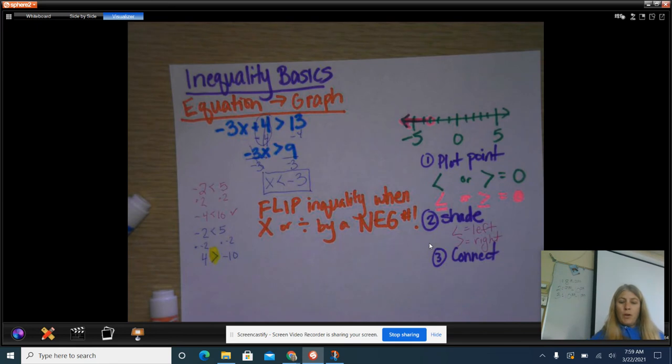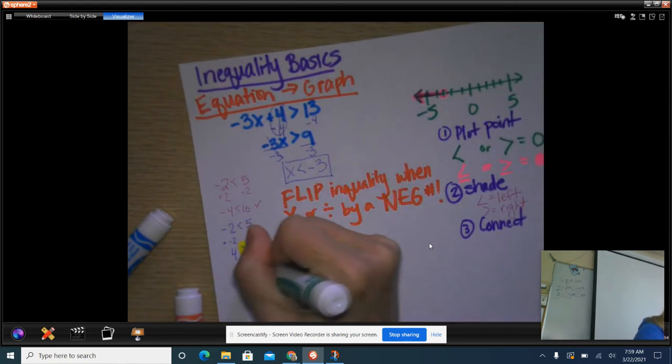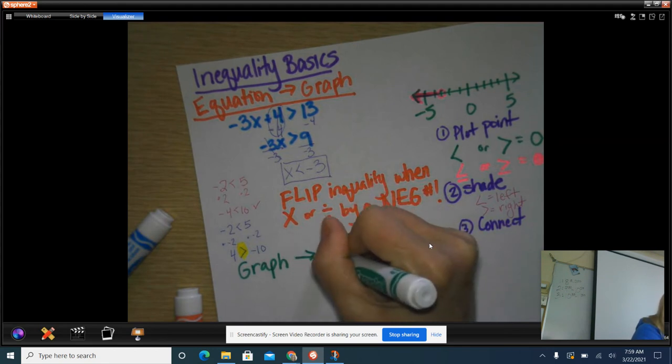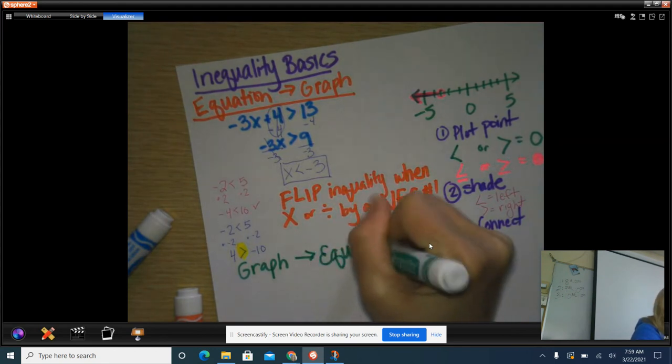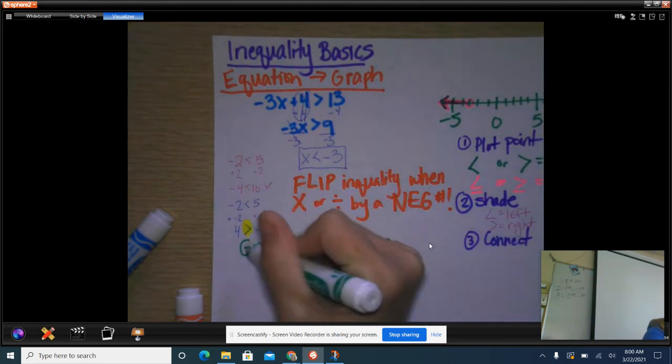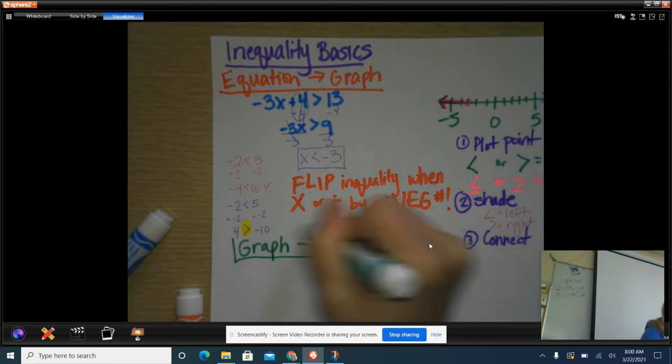Okay, so now we're going to go the other way, where we start with our graph, and we're going to change that into an inequality. So we're going to be working backwards this time. Try and keep my paper straight there for you guys.